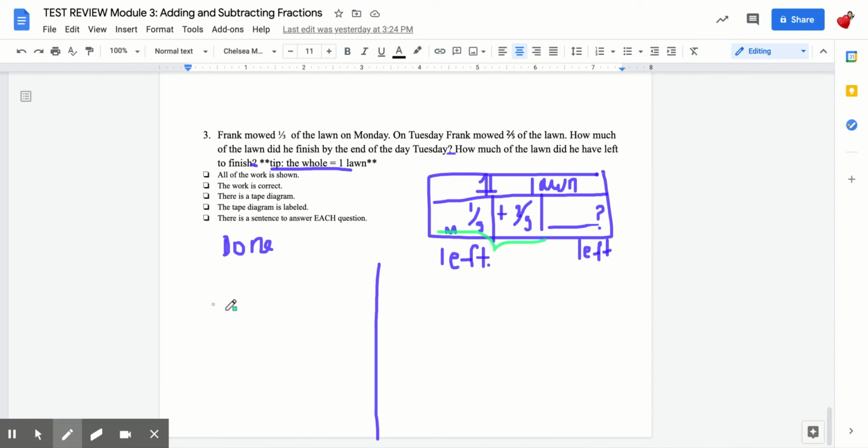So we have to figure out what's been mowed already. So you'll need to do 1/3 plus 2/5. And then whatever you get for your answer here, you'll need to subtract from 1 to figure out how much he has left. And of course, because there's 2 question marks, you will need 2 sentences.